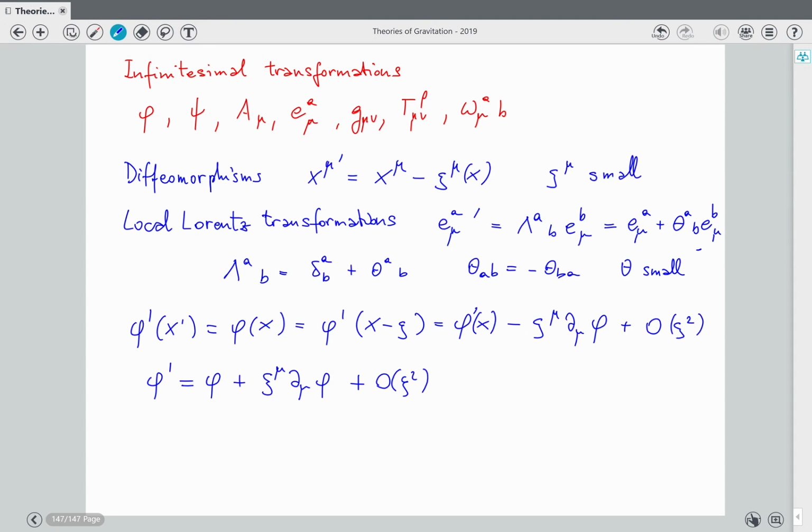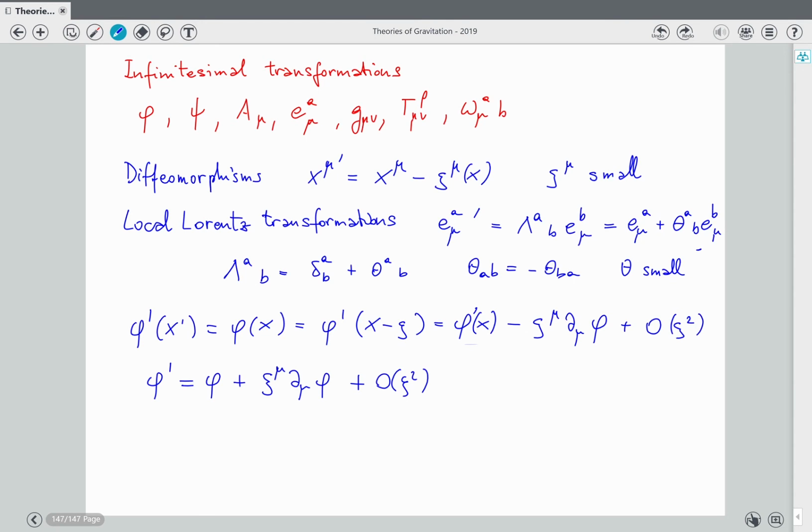Okay, that's the infinitesimal transformation of a scalar. I didn't write the argument because now they have the same argument, everything is in x. That's how you study how the fields transform when you do not move the point, or do not change the coordinates.